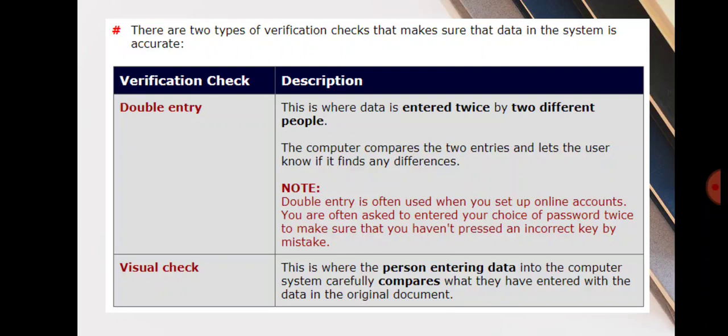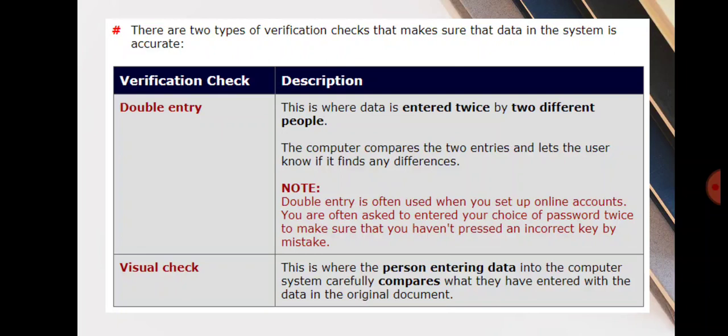So there are two types of visual check, screen to screen, where they can compare two pages on the same screen, and comparing the screen with a hard copy. So if mistakes are spotted, they can be corrected by the person. The advantage of this kind of check is that it's very quick, but it will never catch all mistakes, because sometimes your eyes will not catch small mistakes.